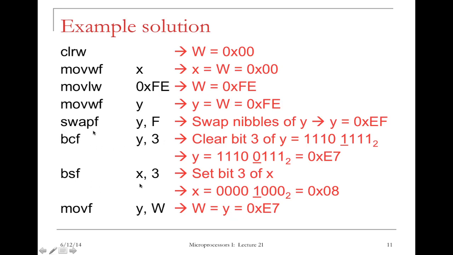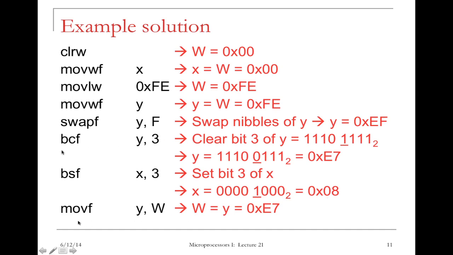Then we do BSF X, 3, which will set bit 3 of variable X. So this will become a 1, and the value in X will be 8 in hexadecimal.